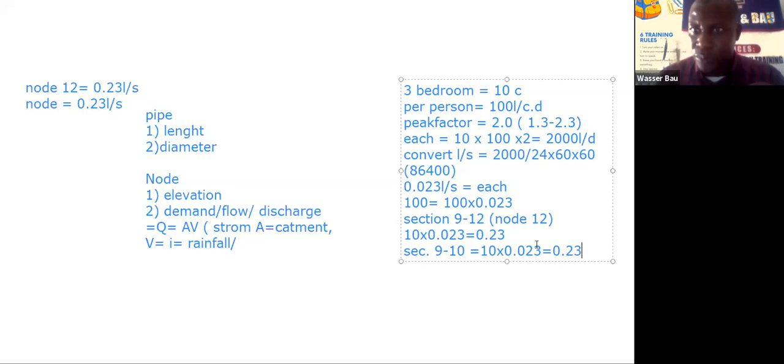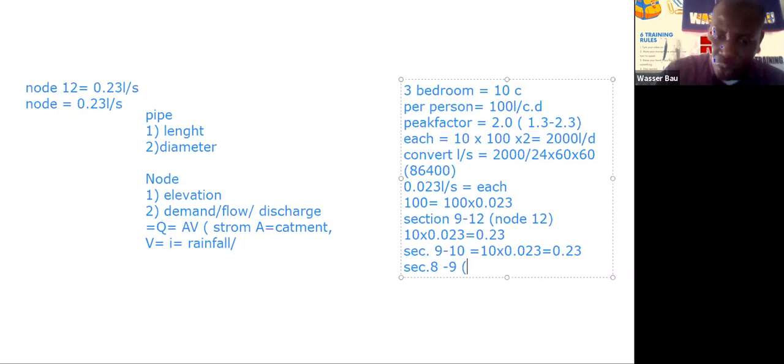So I need to take this thing out. Good. So section 8 to 9, we are assuming it is 0. Therefore, section 8 to 9 also means node 9. The pipe is pipe 8 to 9, but the node is node 9.